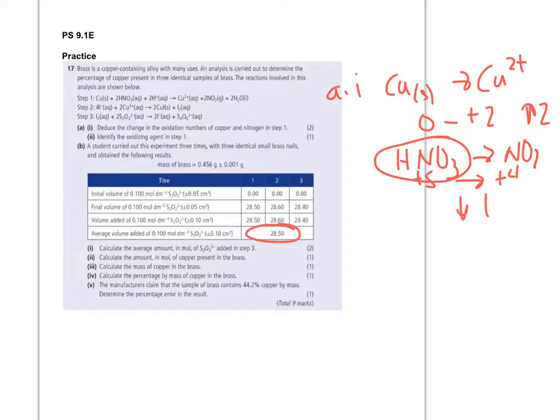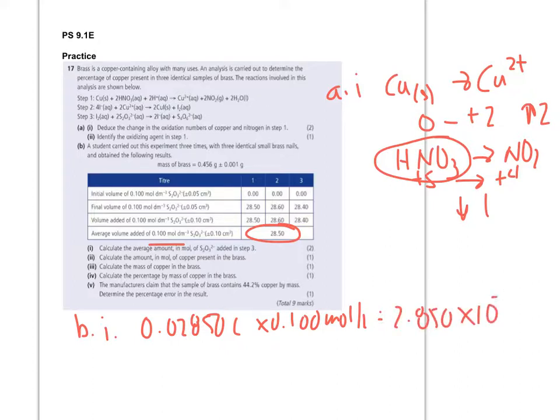So in B1, if I've used 28.50 milliliters of 0.1 molar, I can take 0.02850 liters times the 0.1 molar, and I will find out that I've got 2.850 times 10 to the minus third moles of my S2O3 2 minus.